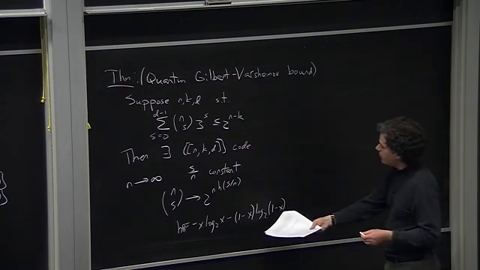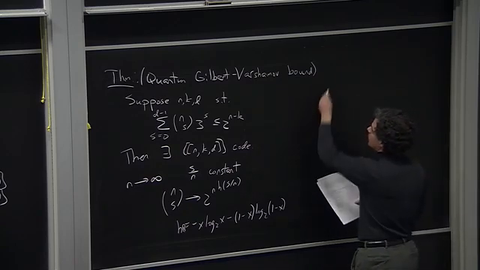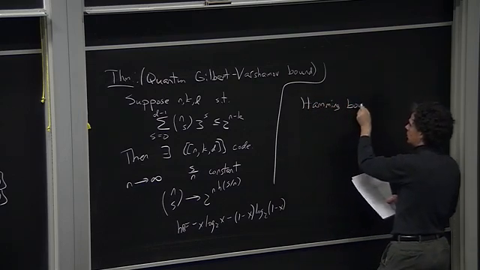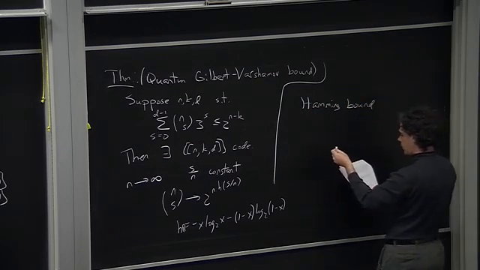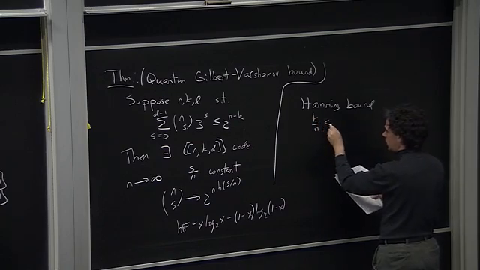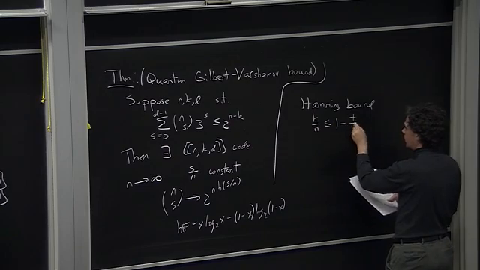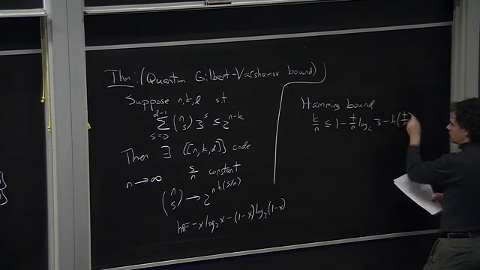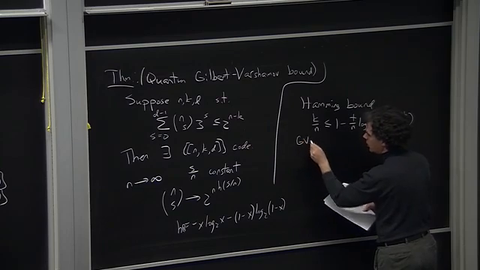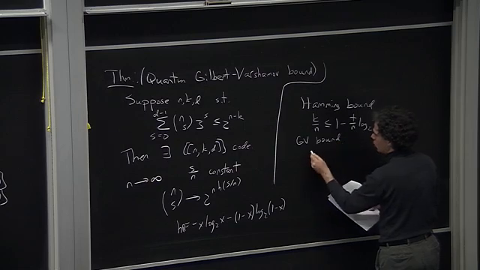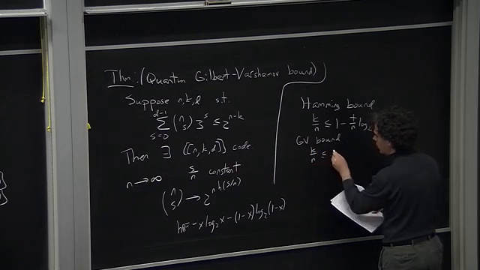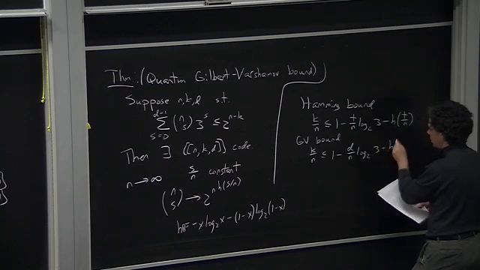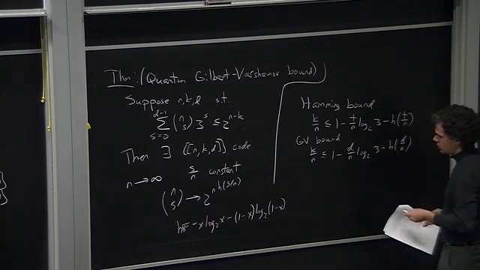Based on that, the Hamming bound becomes k over n is less than or equal to 1 minus t over n log 3 minus h of t over n. And the Gilbert-Varshamov bound works when k over n is less than or equal to 1 minus d over n log 3 minus h of d over n.